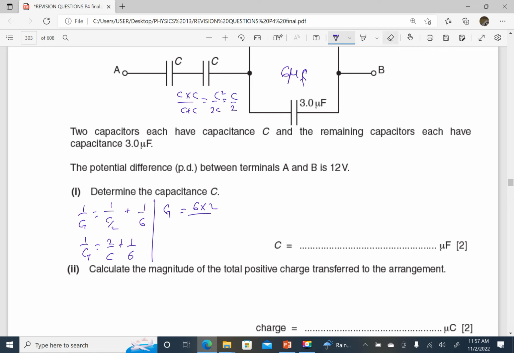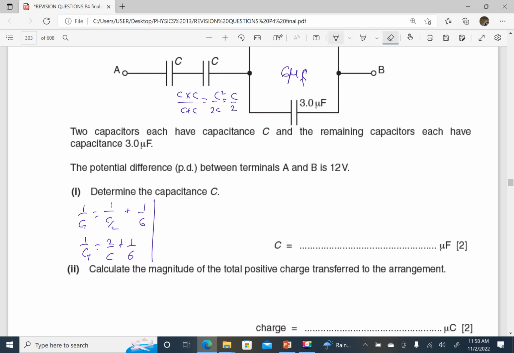So we have in the denominator 6 times C, not 6 times 6. 6 times C divided by, which one is the easiest mathematics now to solve this?